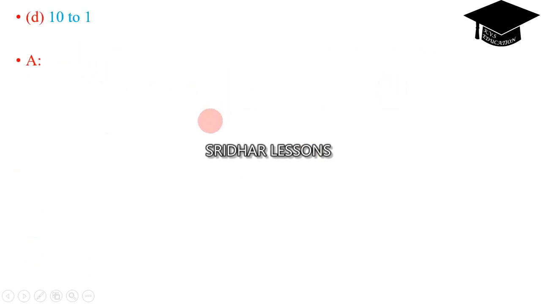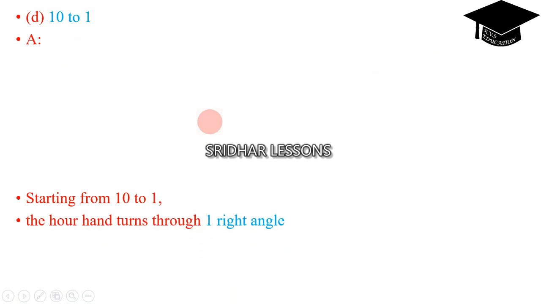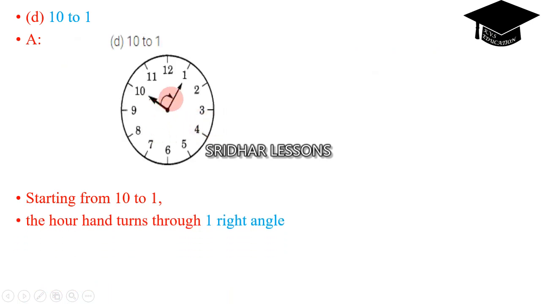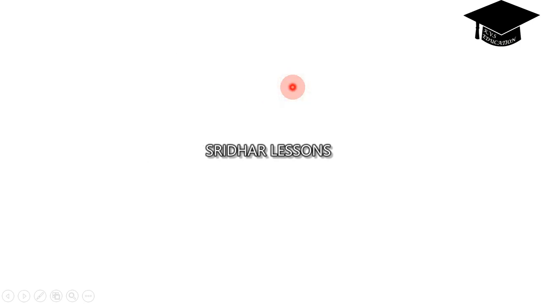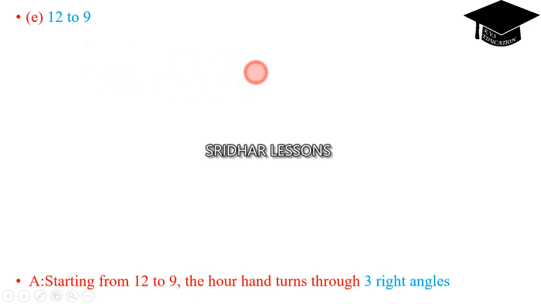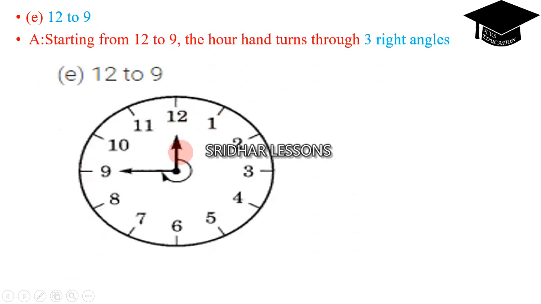10 to 1. So it is again only one right angle. See, the hand makes 90 degrees here. So it is only one right angle. 12 to 9.